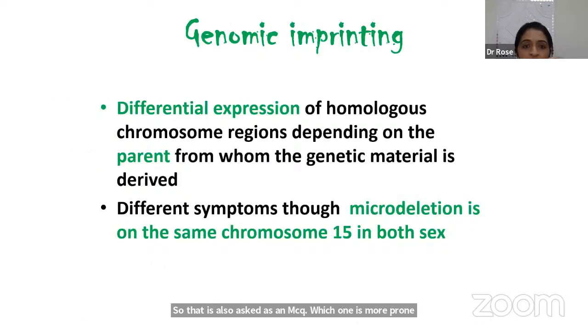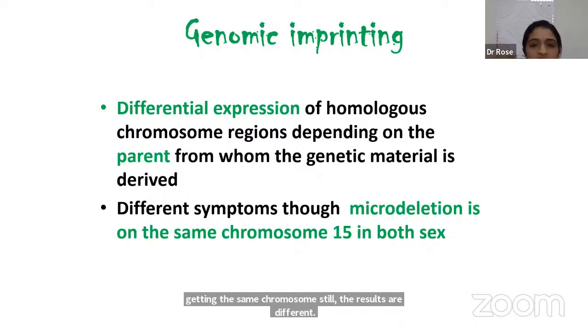Now something about genomic imprinting. Genomic imprinting means if you happen to get genetic material, suppose a part of a gene, from one of the parents, it can be either from mother or father. But even if you are getting the same chromosome, the results are different. If you get the same chromosome from the father, the effects are different.